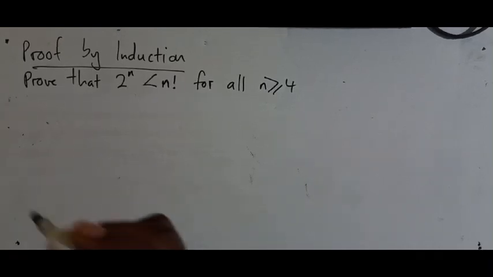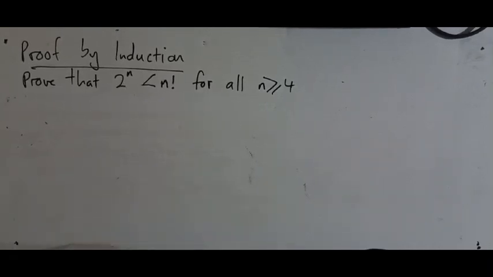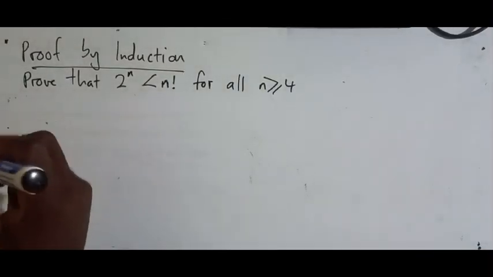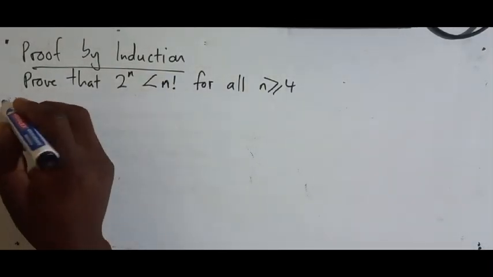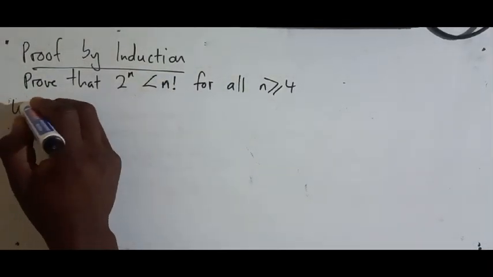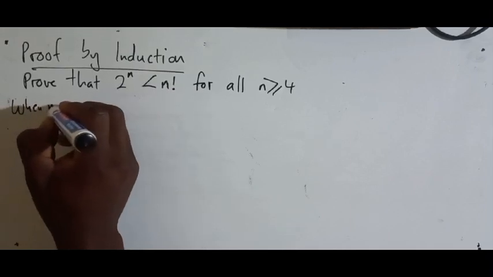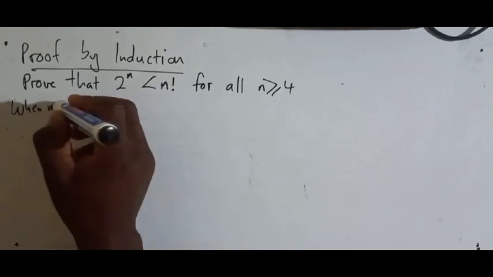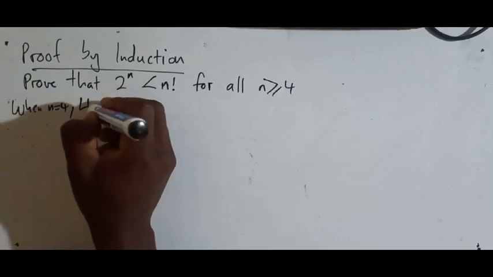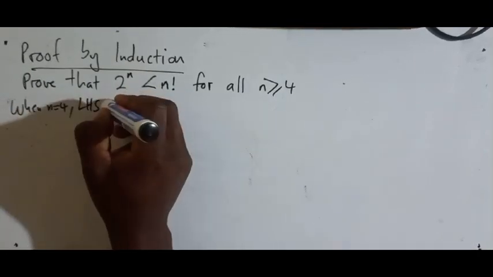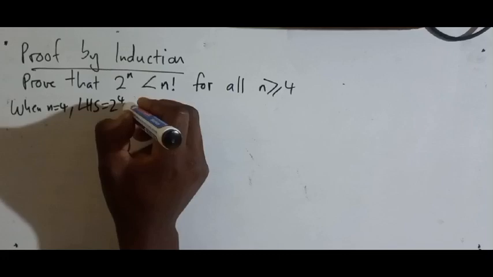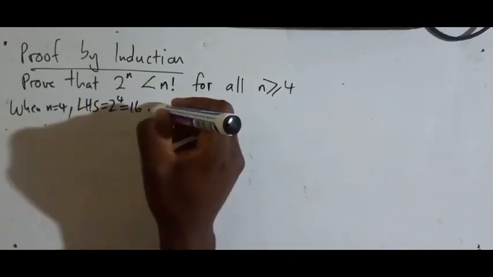For our initial stage, since n is greater than or equal to 4, we are going to show it for n equals 4. That is the initial value. When n equals 4, the left hand side of the inequality equals 2 to the power 4, which is 16.